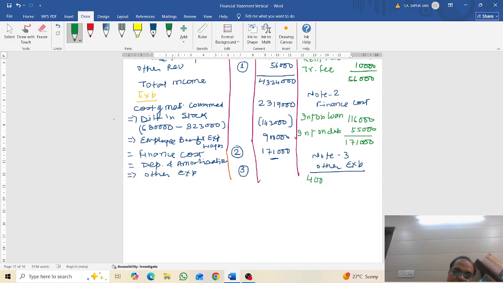Just for example, number one, discount is given 40,000. Number two, advertisement 20,000. Next, bad debts 35,000. After bad debts, commission 1,20,000. After commission, rentals 25,000. You can check from the notes.